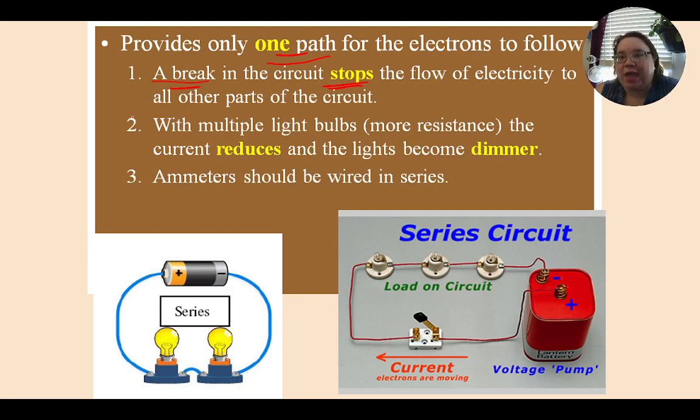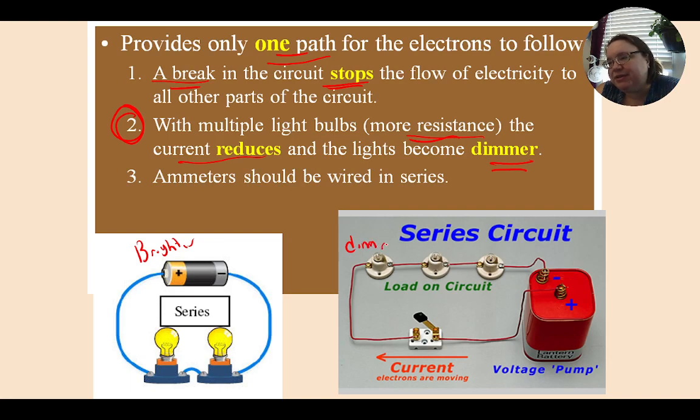Additionally, if you add more bulbs, so if we add more resistors, it reduces the flow of current, so the lights become dimmer. So assuming the battery is the same in my two pictures, the one on the left would be brighter than the one on the right.